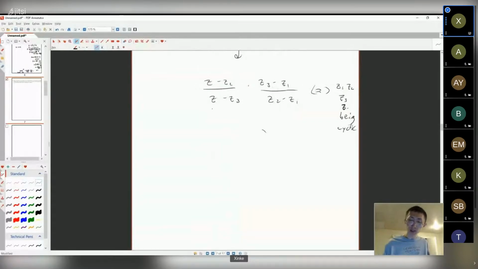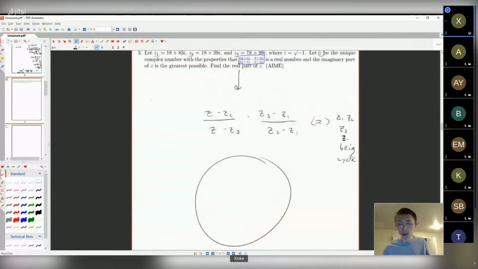So let's say you draw a circle. There are 2 cases, I guess. Let's say Z is here, maybe this is Z2, Z3, and Z1.